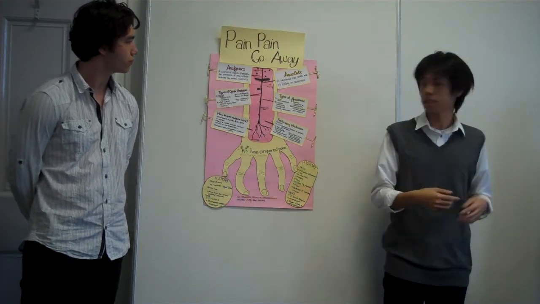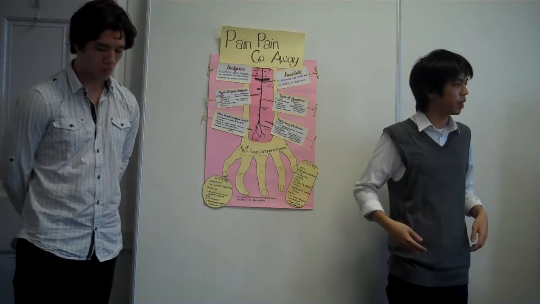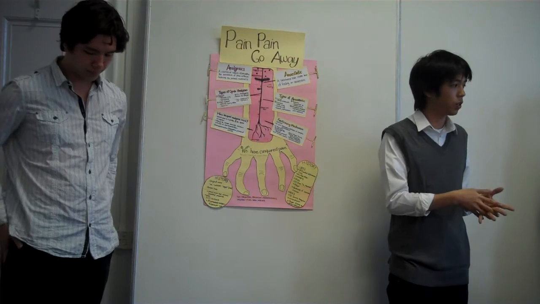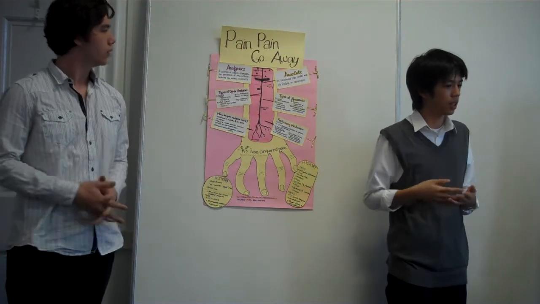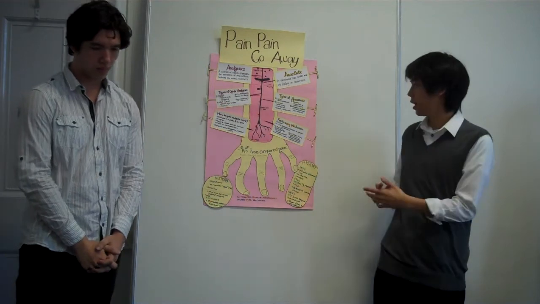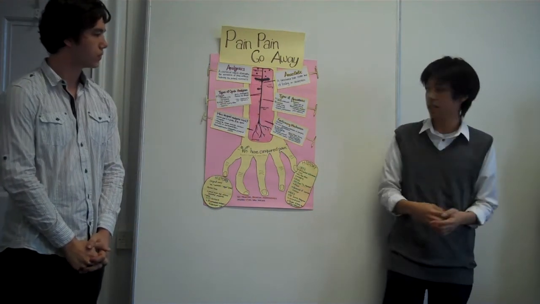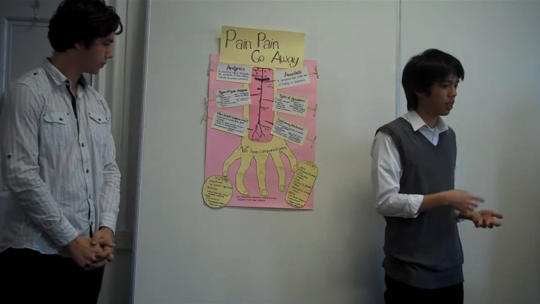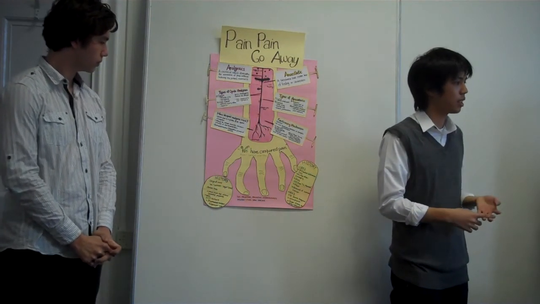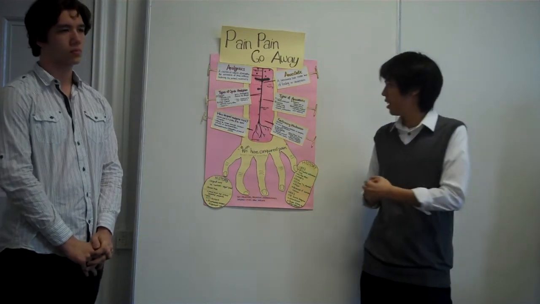Regional anesthesia is blocking the pain at a certain region of the body, such as epidural anesthesia, where it is injected near the spinal cord during childbirth. The last type of anesthesia is intravenous sedation. This is a mild sedation combined with pain medicine.